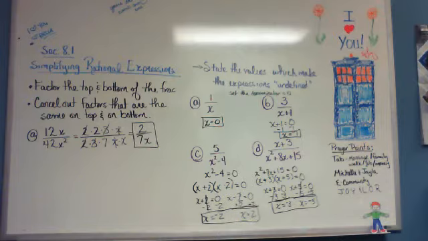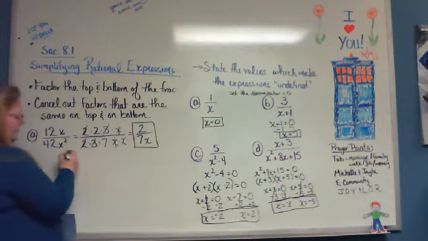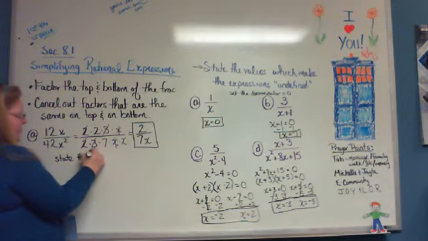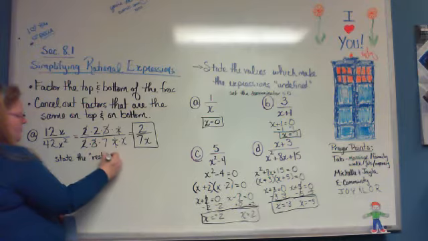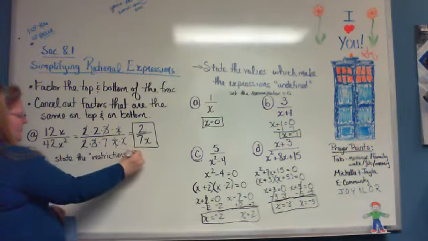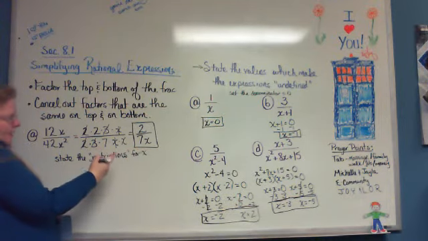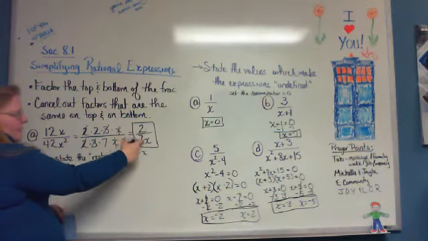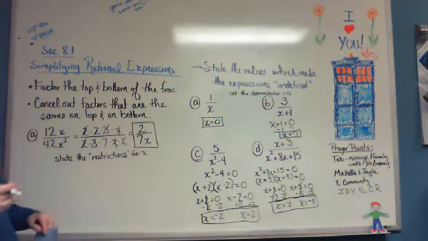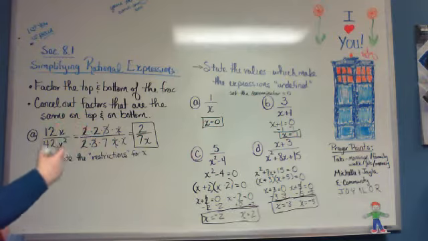Now that I've simplified it, they want me to go back and say, what is it that x can't be? Or state the restrictions, that's the word they use. So that means I'm saying the bottom is equal to 0 and finding out what x can't be.